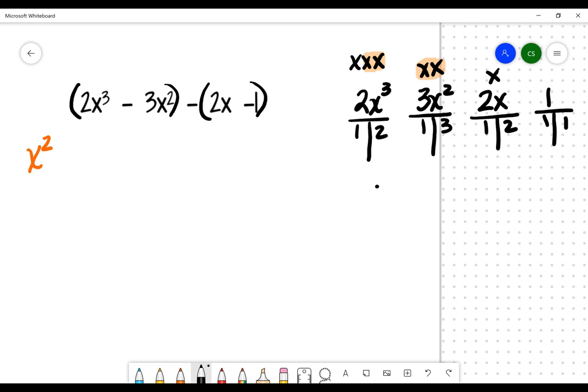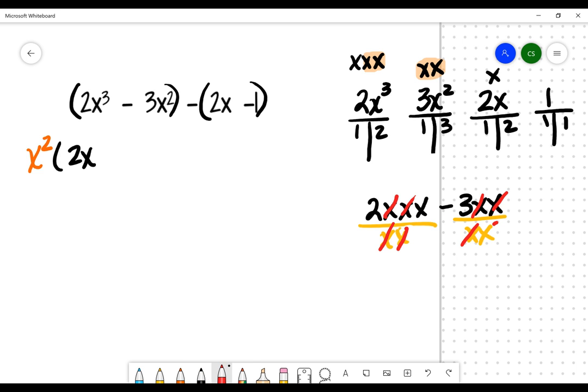So when I factor out x squared from 2x cubed minus 3x squared, what do I get? And I factor out 2 x's, remembering that it means to divide. Cancel, cancel, cancel, cancel. I'm left with 2x.